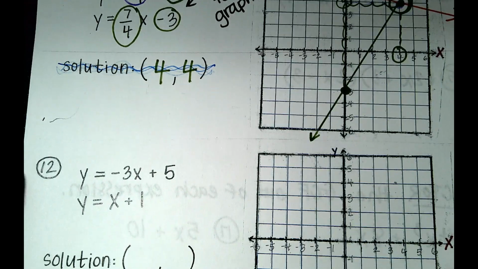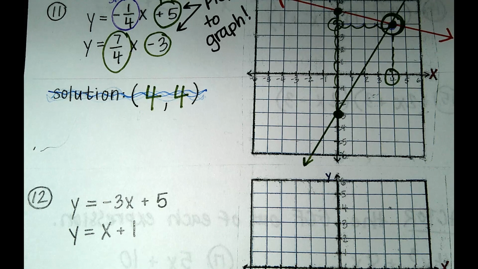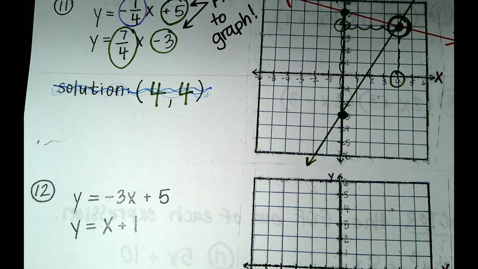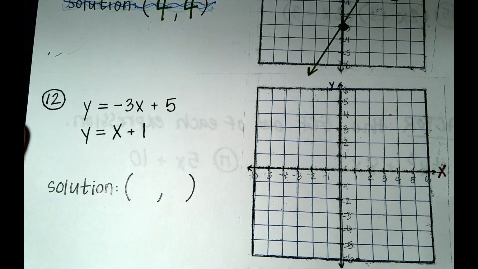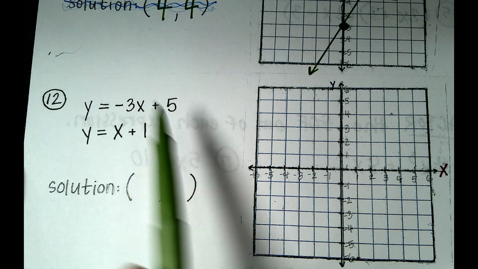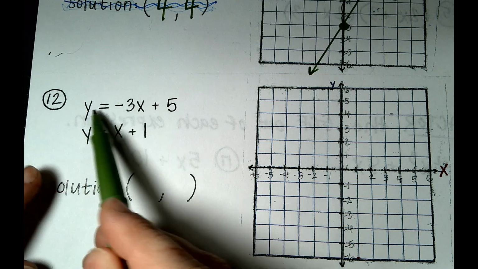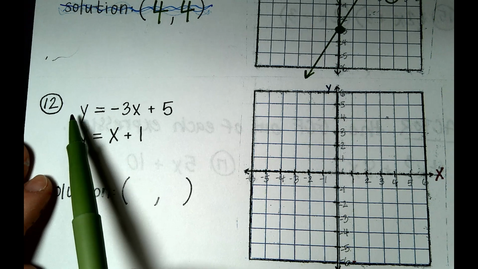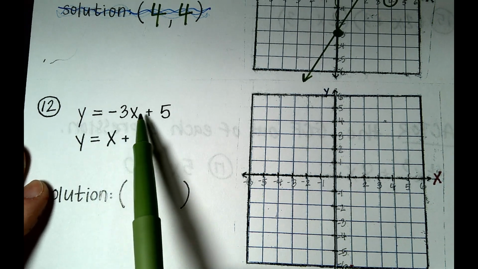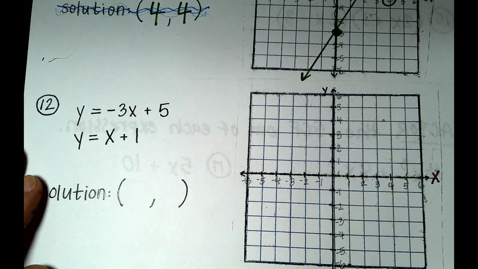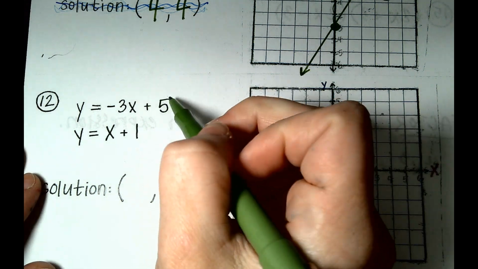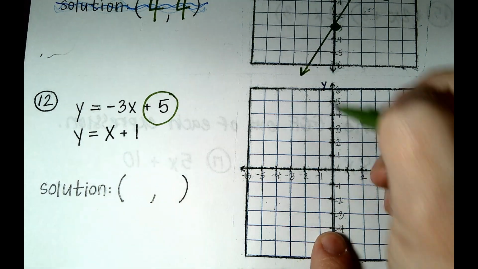Okay, let's look at number 12 if we're ready. Are we ready? Okay. So again, I'm fine if you just graph one of these. That's okay. Let's start with the top one. I have y equals negative 3x plus 5. Yes, positive 5 would be our starting point.